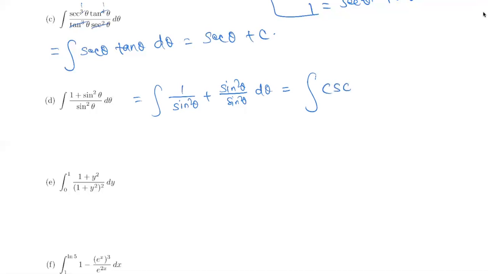Now you need to know the basic trig integrals. The derivative of cotangent is negative cosecant squared. That means the antiderivative of cosecant squared is negative cotangent.